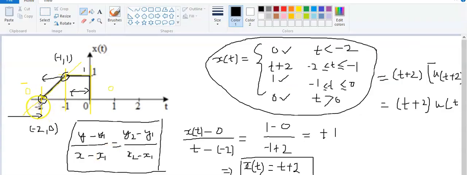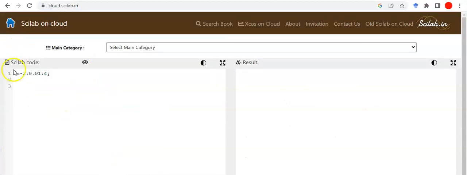तो इससे हमें पता चला -2 और -1 के बीच में इसकी वैल्यू है t plus 2 and its value is 1 when it is between -1 and 0. So logical expression से हम इसे लिखेंगे SciLAB console में.